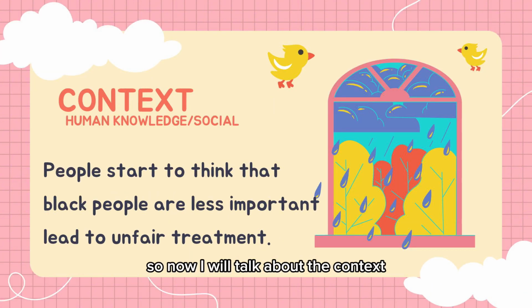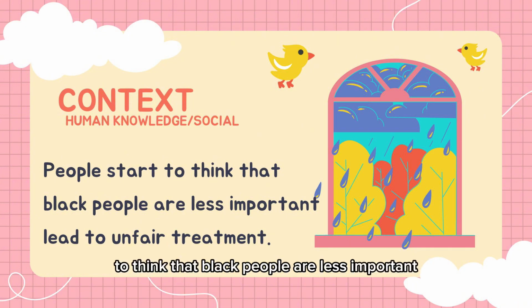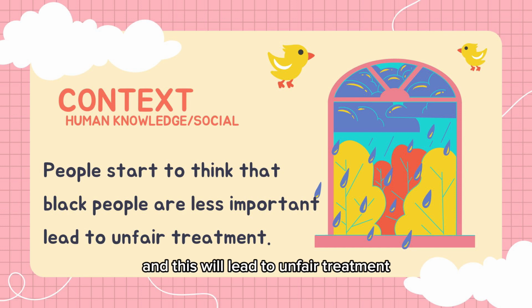Okay, so now I will talk about the context in this particular real life example, which is the human knowledge or social. We can see that people will start to think that black people are less important, and this will lead to unfair treatment because of how the society is.